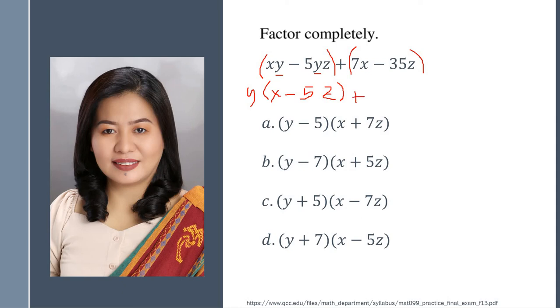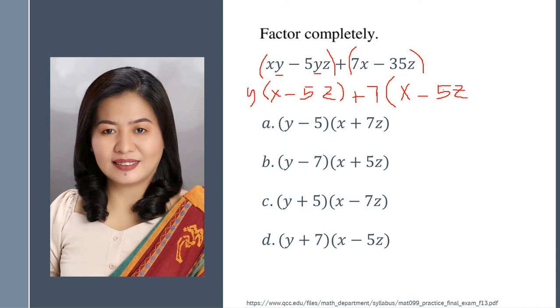something common between 7x and 35z. The answer is yes, and it's 7. And you're left with 7x divided by 7 is x, and minus 35z divided by 7 is 5z. So 5z.